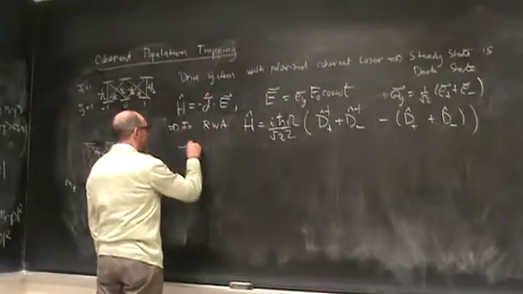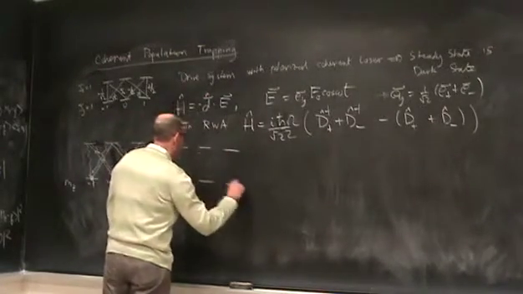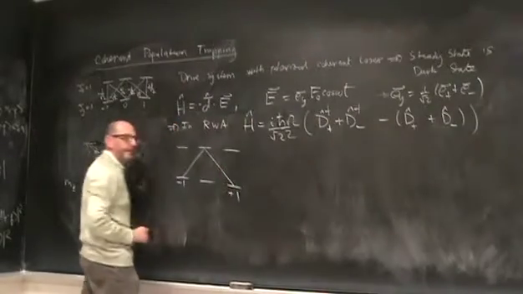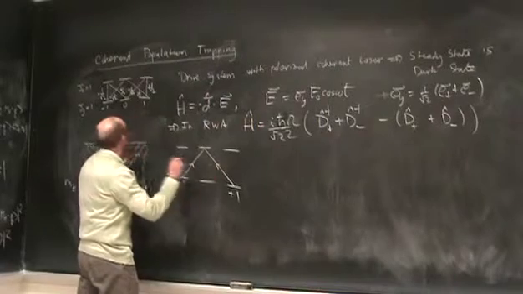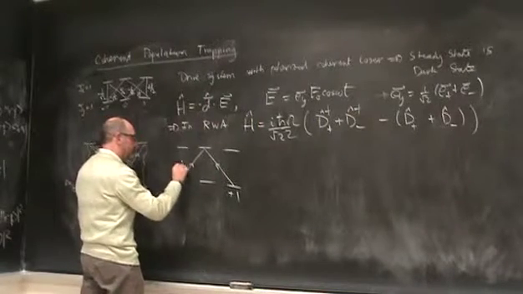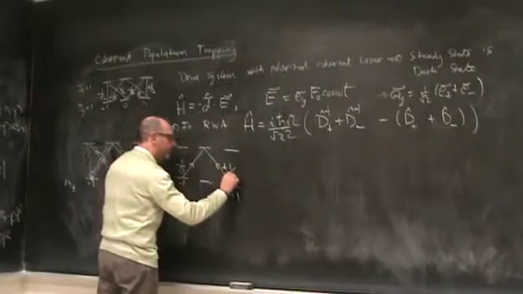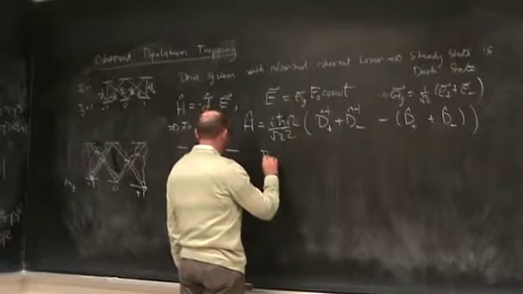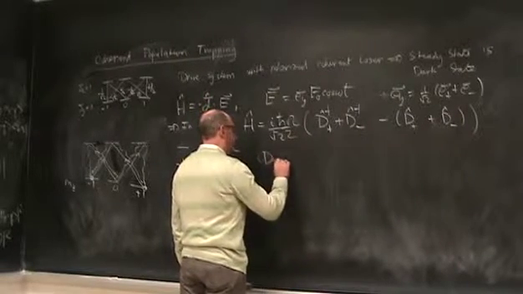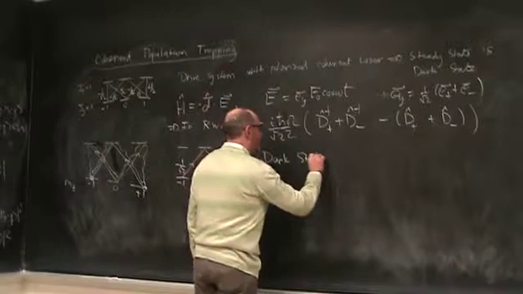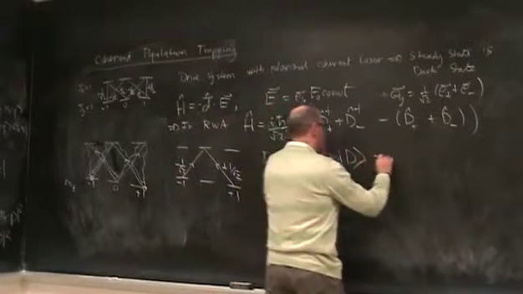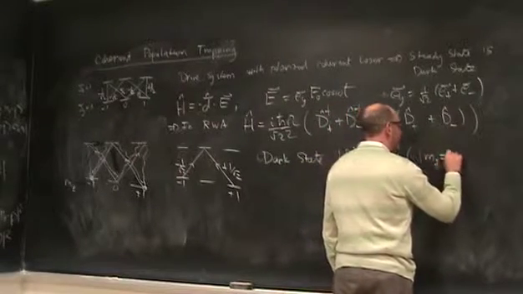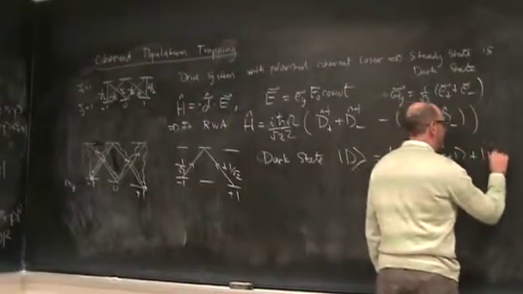If I look at the transitions where I start in this subspace, this Clebsch-Gordan coefficient is -1/√2, and this one is +1/√2, which means that there is a dark state. The dark state, D, is the symmetric superposition of mz equals +1 and mz equals -1.